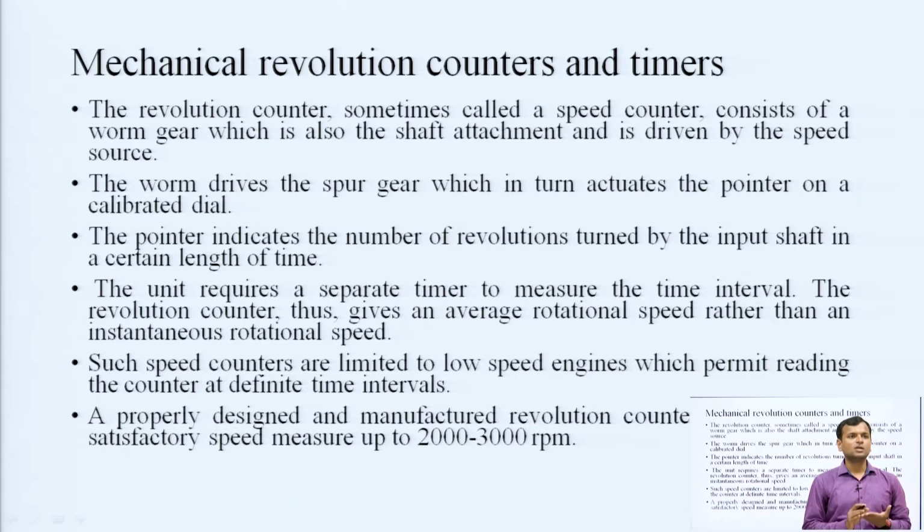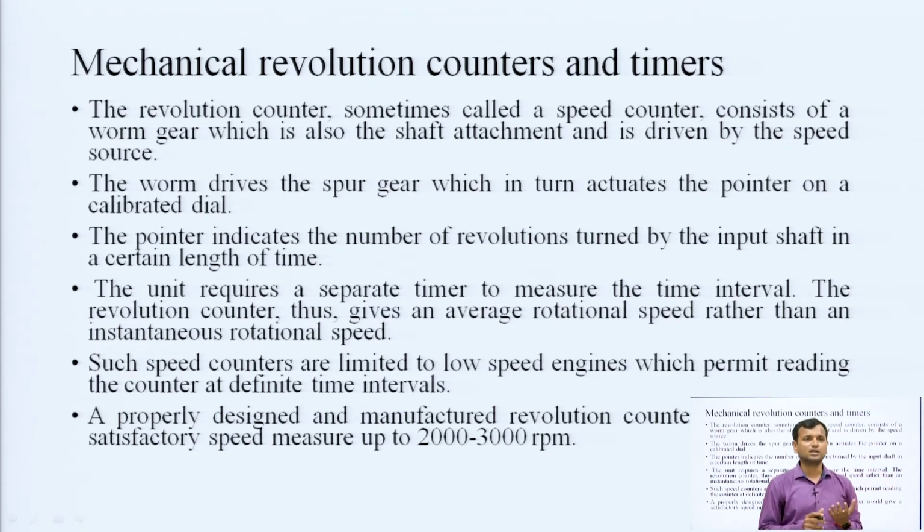Also, the unit requires a separate timer to measure the time interval, so the revolution counter thus gives an average rotational speed. So, the mechanical flyball tachometer is used for the average rotational speed, and the mechanical revolution counters and timers are also used to measure the average rotational speed rather than the instantaneous rotational speed.